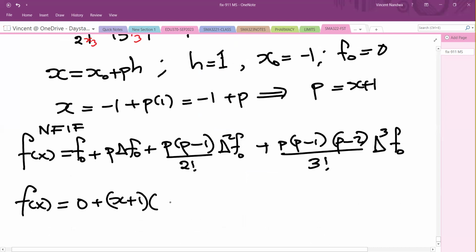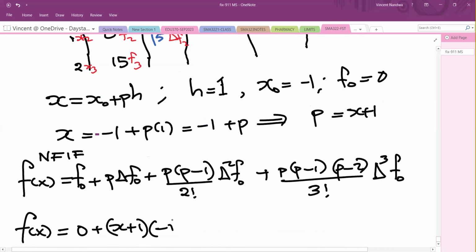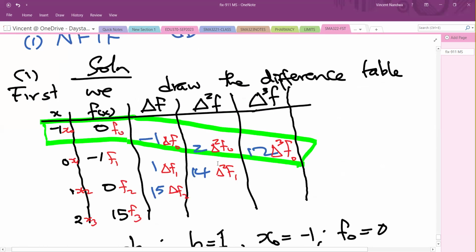And if you check the difference table, what is the numerical value of the first forward difference of f naught? -1. This is the value. So replaced by -1 plus p is x plus 1. Then p minus 1 will be just x. 2 factorial is 2. And then what is the value of the second forward difference of f?